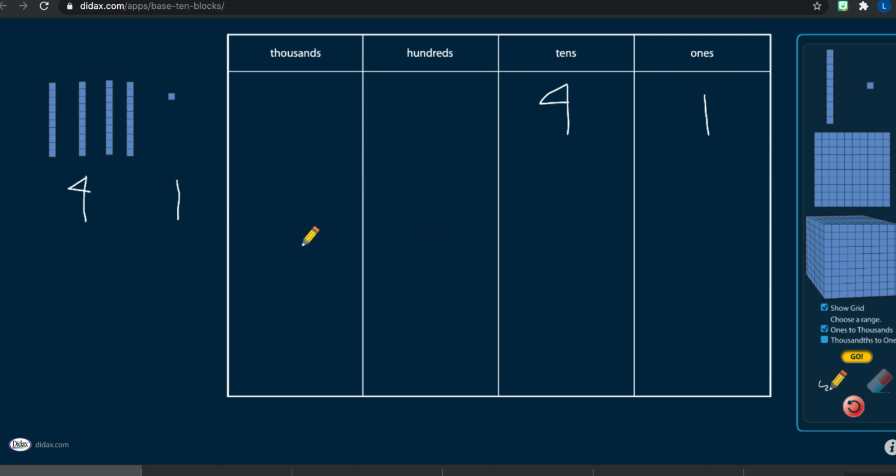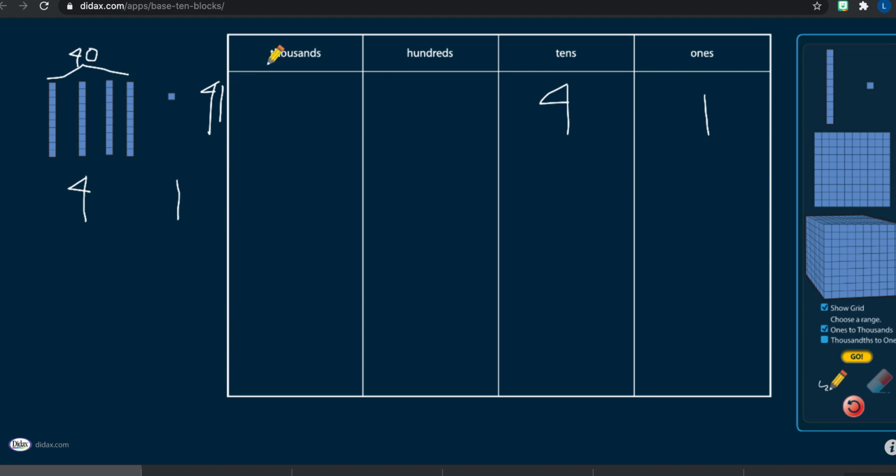I'm just showing you that the value of this is actually 40 because you have 4 tens. But I'm just putting that number over here. So we have 4 tens. So altogether, this would be 41. So 41 would be the value of all of these base 10 blocks here, because we're trying to figure out how much this actually is.